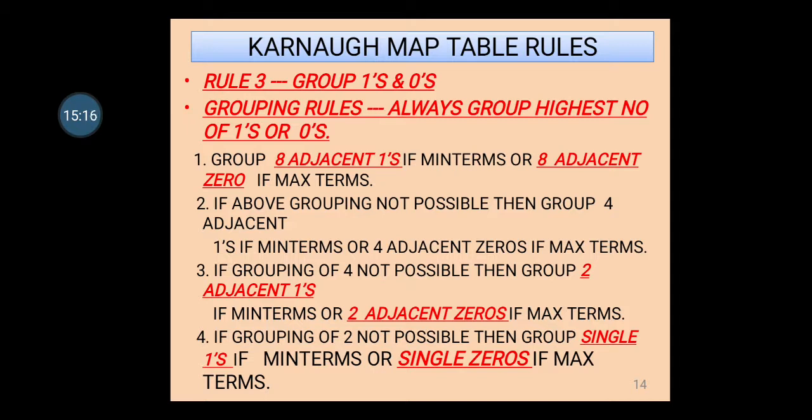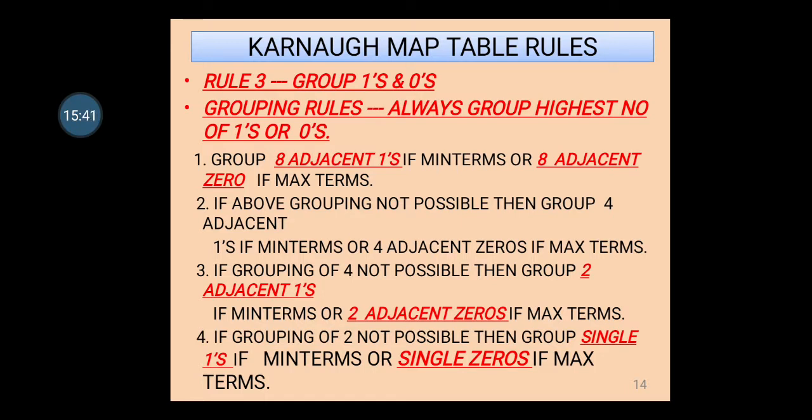But the rules are like this: you have to group a maximum of 8 adjacent ones. They have to be close to each other and they have to be adjacent. 8 ones in a group. And if 8 ones are not there, then you have to group 4 ones. And if 4 ones are not available, then you have to group 2 ones.